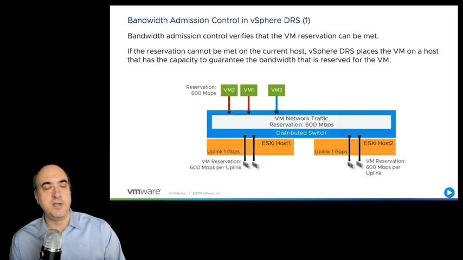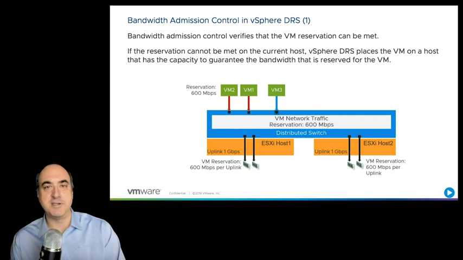All right, so I just mentioned we have this feature of network reservations as part of Network I/O Control, and this is all integrated with DRS. So when DRS does its placement, it's going to place the VMs across the cluster based on the CPU requirements the VMs have, the memory requirements they have, and also their network reservation.